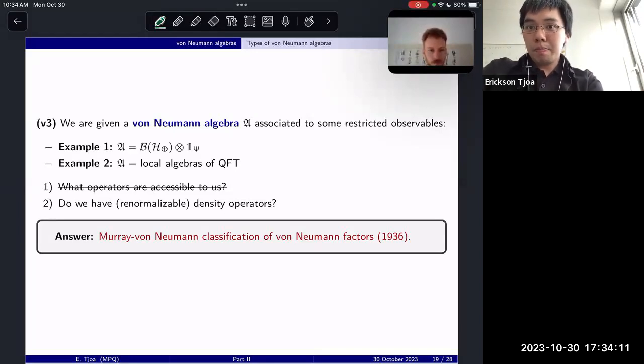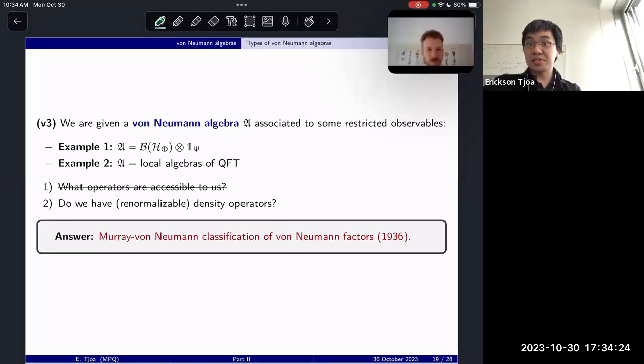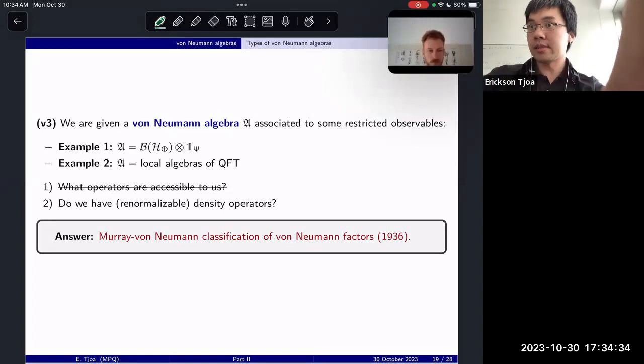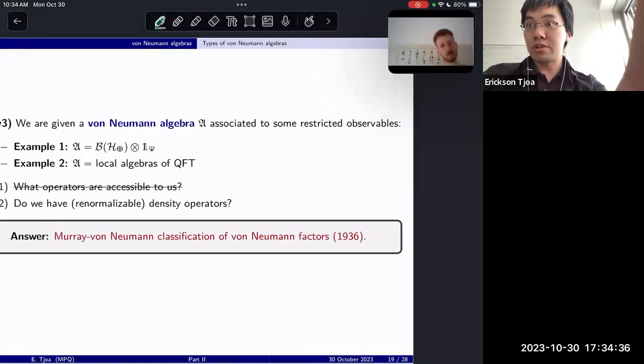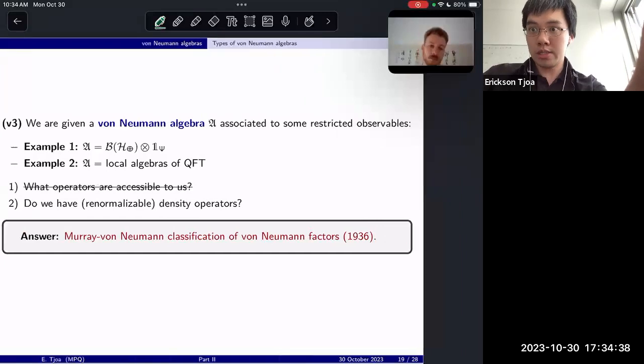Okay, now, question one, you don't have to answer anymore because I'm giving you these restricted algebras. But now you ask yourself, do we have density operators, or at least the renormalized ones? And it turns out that the answer to this thought experiment is exactly the Murray von Neumann classification of the von Neumann factors from 1936. This is the one that gives you different types of von Neumann algebras.